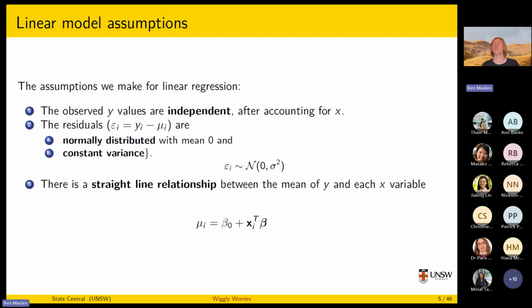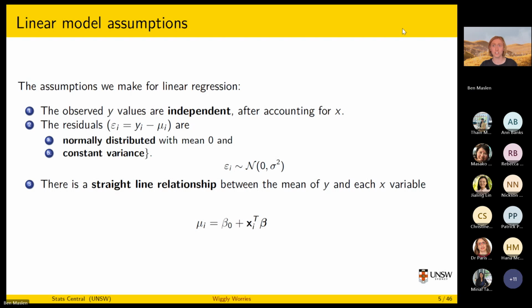Whenever we're doing inference, we're trying to estimate a linear relationship here. There's a bunch of assumptions that we need to make for this model. Firstly, that our observed y values are independent after accounting for our predictor x; that the residuals that we talked about before are normally distributed with mean zero and constant variance, so that variance doesn't change across our y values or our fitted values; and lastly, that there's a straight line relationship between the mean of y and each x variable.